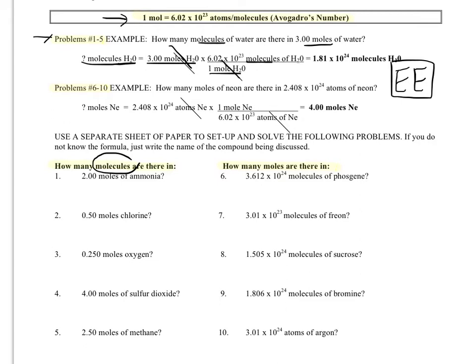This is the best way to communicate with your calculator that 6.02 is not getting multiplied by 10 to the 23rd, but that 6.02 times 10 to the 23rd is a number that you're referring to in scientific notation. So if you have that button and you want to enter Avogadro's number into your calculator, all you have to do is 6.02, then hit the EE button, because the EE button basically stands for times 10.